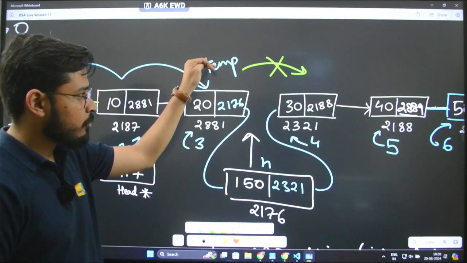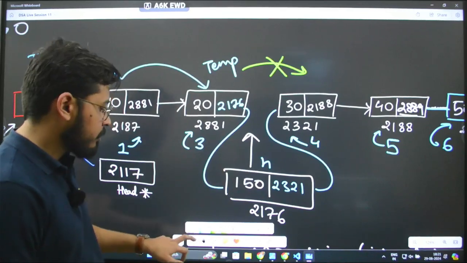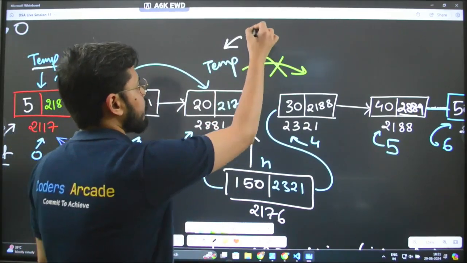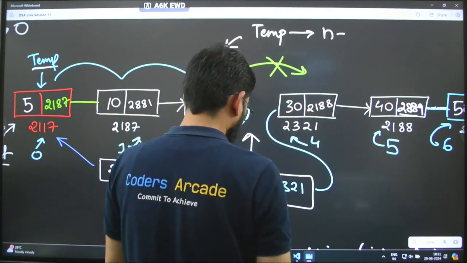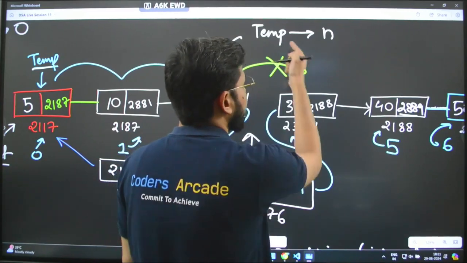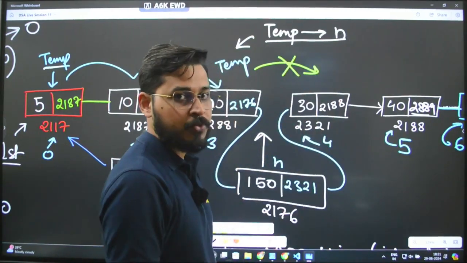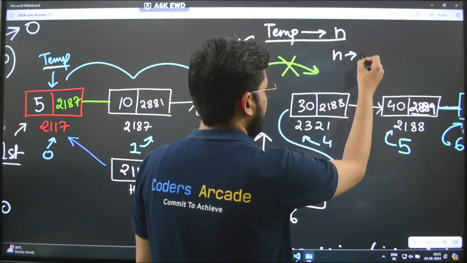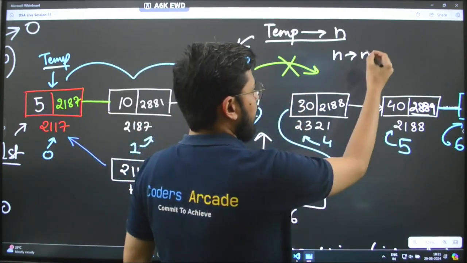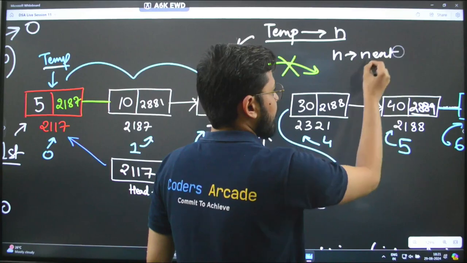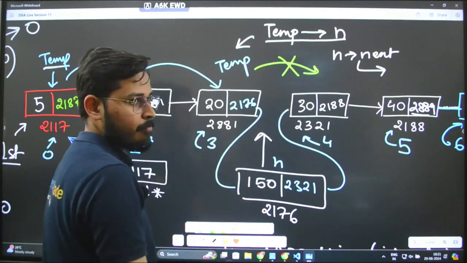So what you need to do is change this to the newly created node. That means at this point you have to say temp will point towards n, just n, not n of next. You will just say n. Temp will point towards n, and n of next will point towards temp of next.